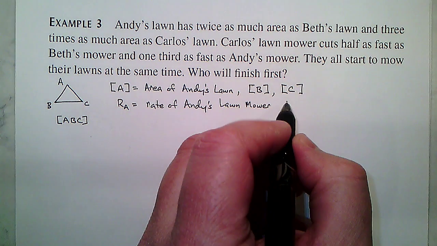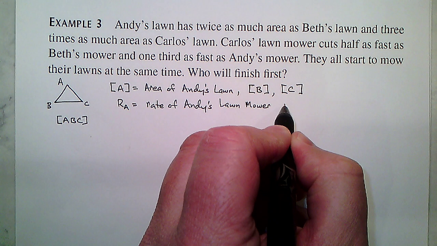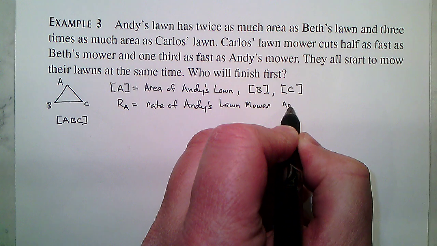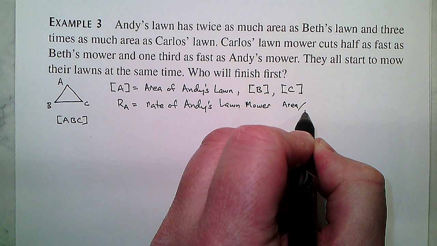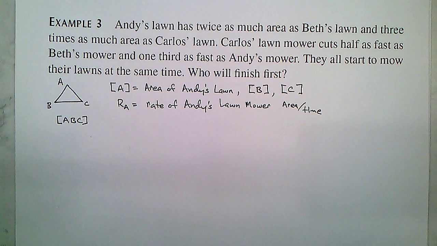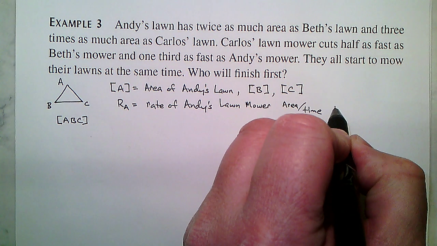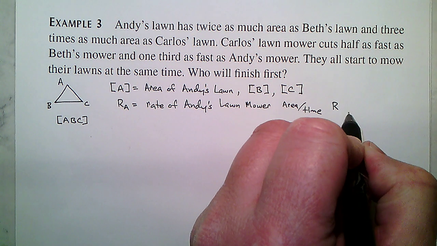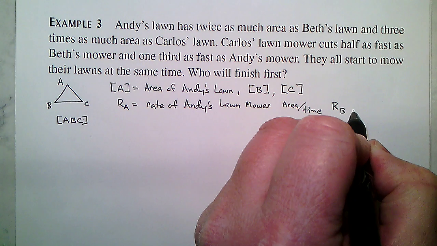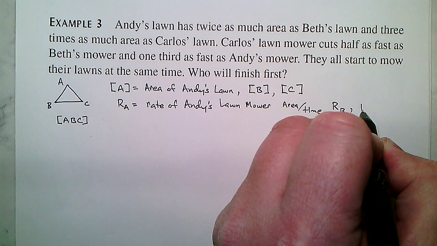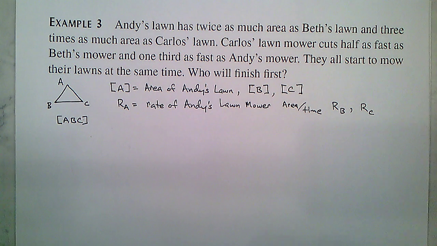I'm just going to say that rate is units of area per time, whatever that is. I don't think it's necessary to specify that. And just like up here, I'm going to refer to the rate of Beth's lawnmower and the rate of Carlos's lawnmower.